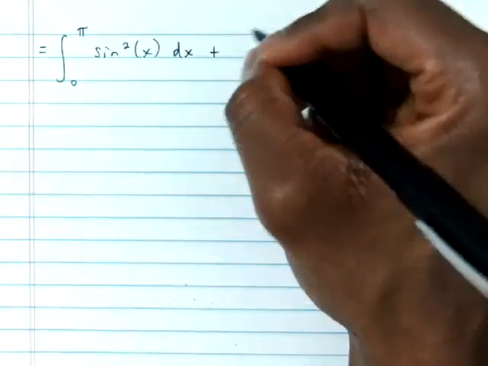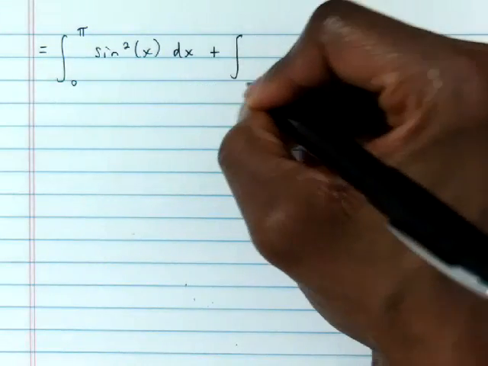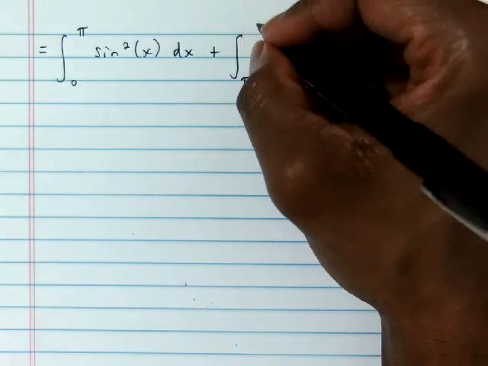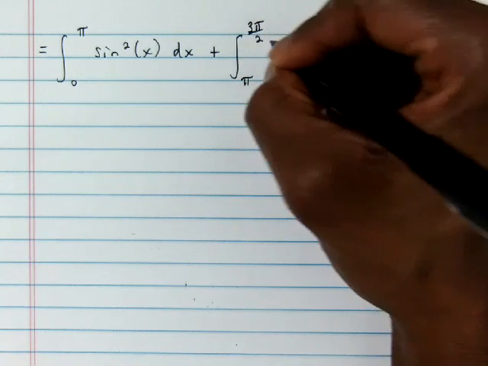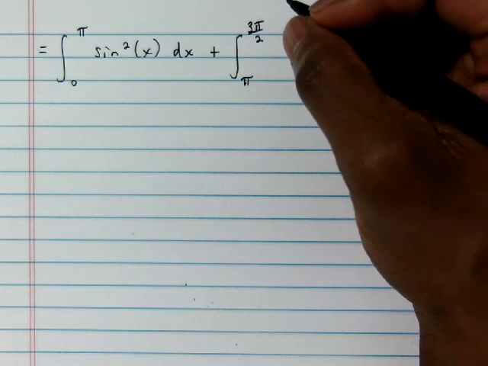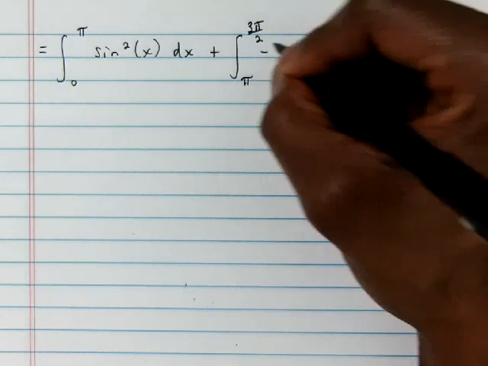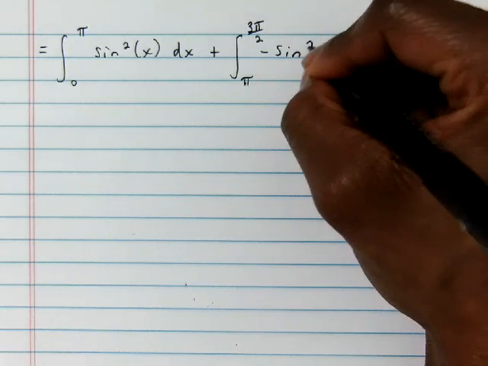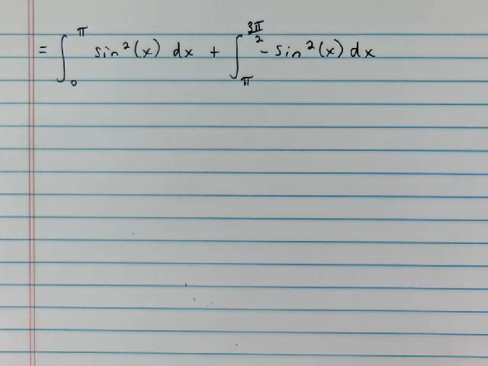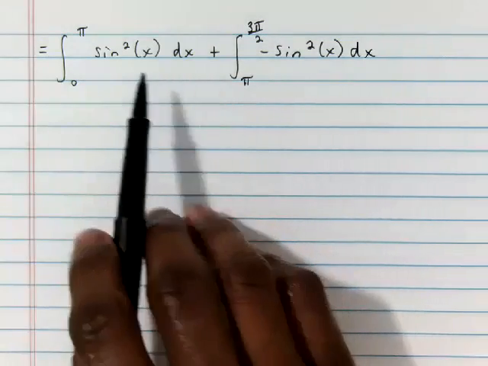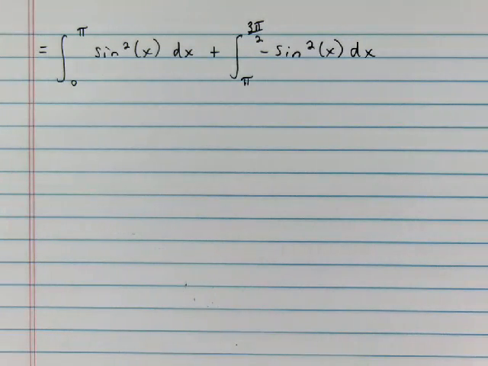And then plus the integral from pi to 3 pi over 2 of 0 minus sine squared of x, so negative sine squared of x, with respect to x. And then for each one of these integrals as a calculus 1 integral, you would just use the double angle formula.